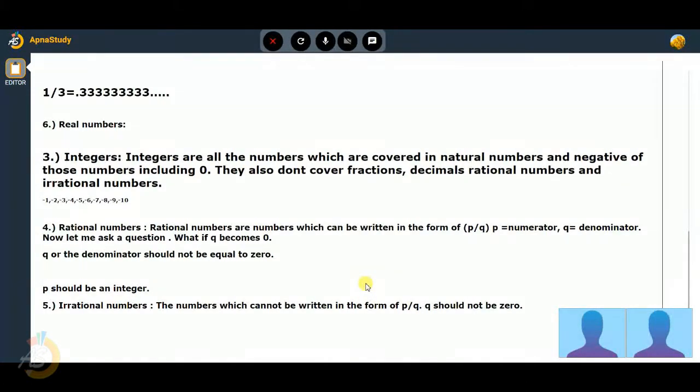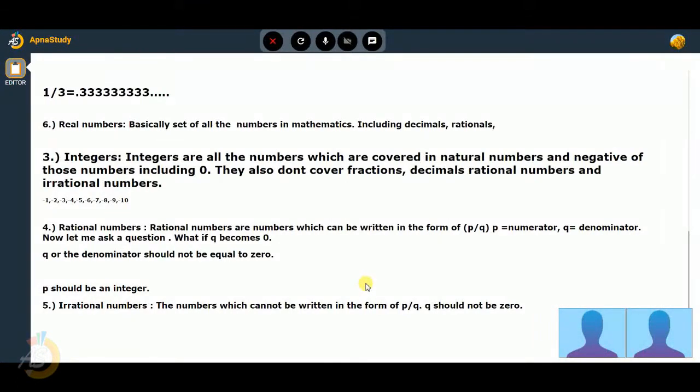Real numbers are basically a set of numbers in mathematics, including decimals, rationals, irrationals, integers, and all other numbers existing in the universe.